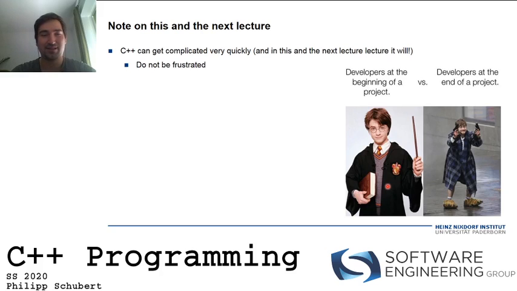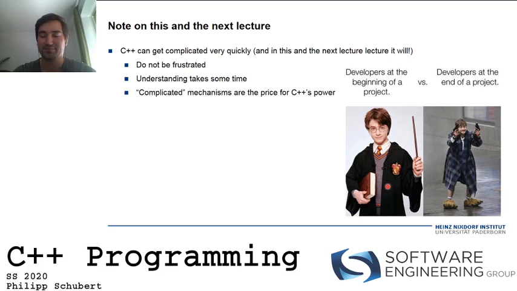If you don't understand something directly and immediately, please don't be frustrated. Understanding the more difficult parts of C++ just takes time. Take your time, practice a lot, read a lot, and ask questions in the forum if you don't understand something which I explain here, so that we can clarify things. Some mechanisms you see today might appear complicated or complex to you.